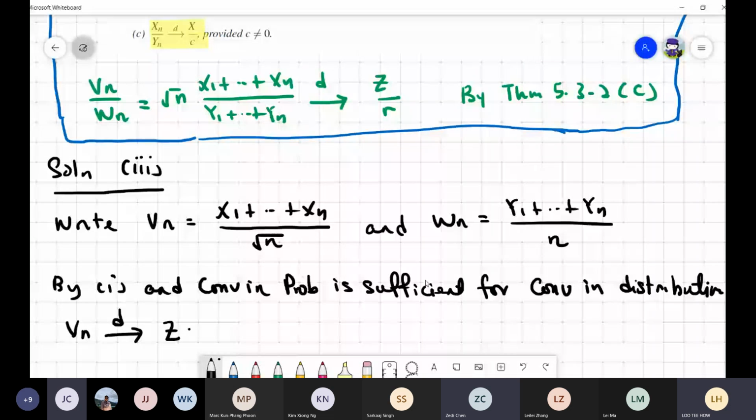By 1, it converges in probability, and we know that convergent in probability is sufficient for convergent in distribution. So we have this.